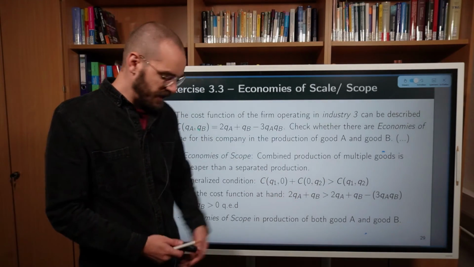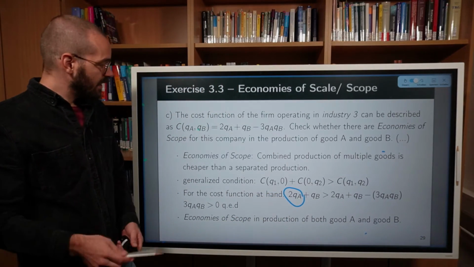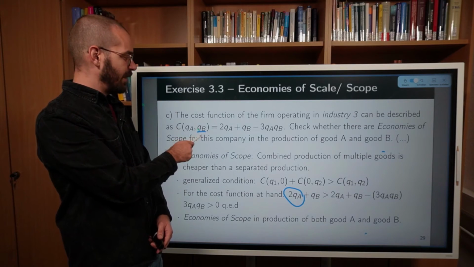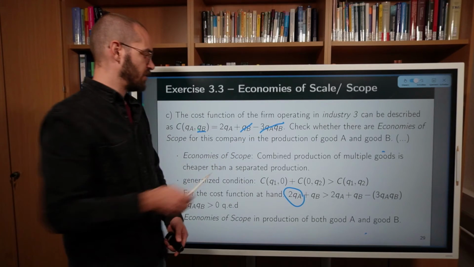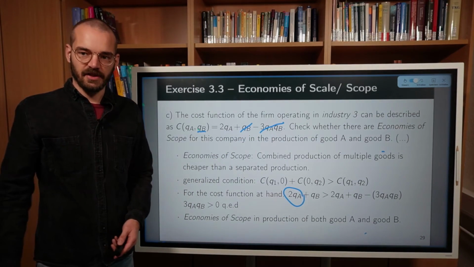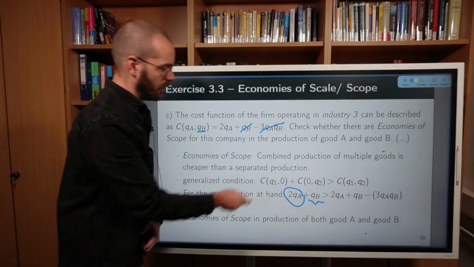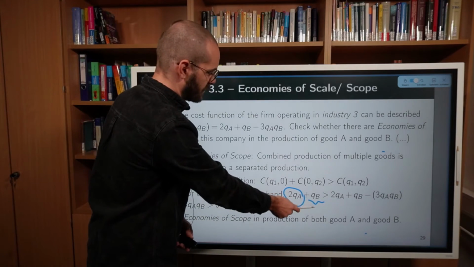So this first expression, 2QA, results by assuming that QB takes a value of 0, which of course means that this expression just cancels out of the cost function, right? And the same logic applies for the second part of this comparison.